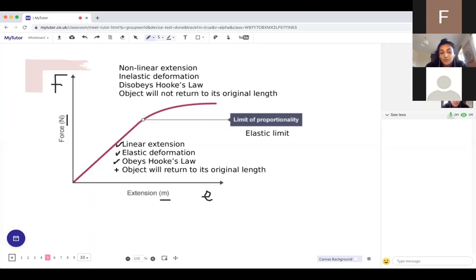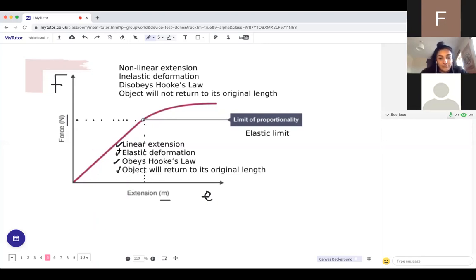The object will return to its original length because it undergoes elastic deformation. In this part of the graph only, up to this point here, we obey Hooke's law. We have extension proportional to force, force proportional to extension, and we can tell that because it's a straight line.